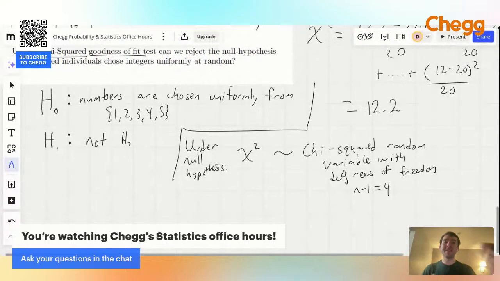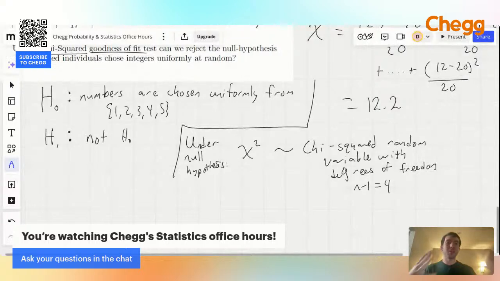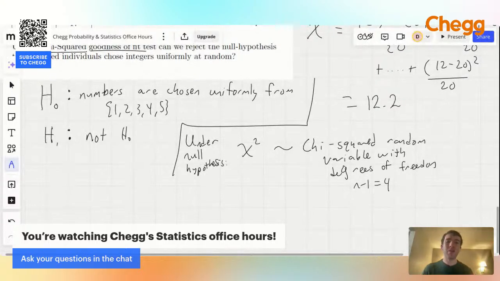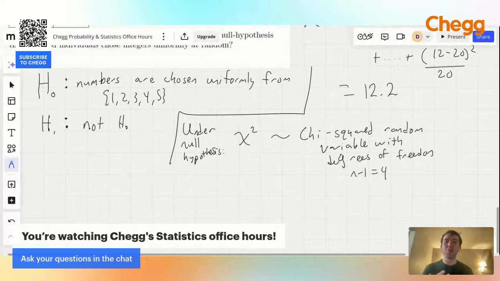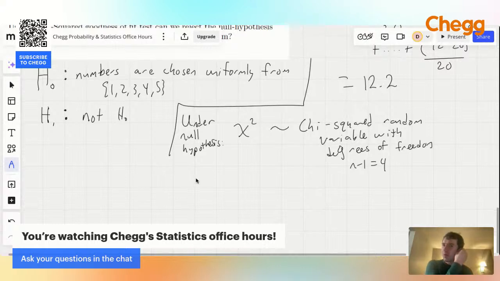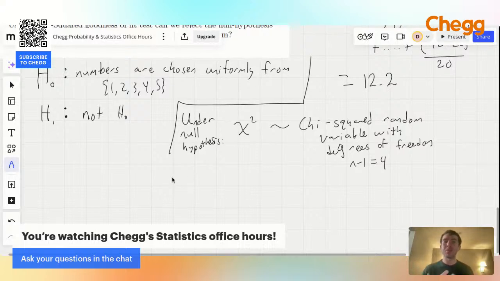So then we go and we measure it. So we see 12.2, and we ask, is this unusual? Is this random variable under the null hypothesis unusual or not? One way to do that is to record the p-value.